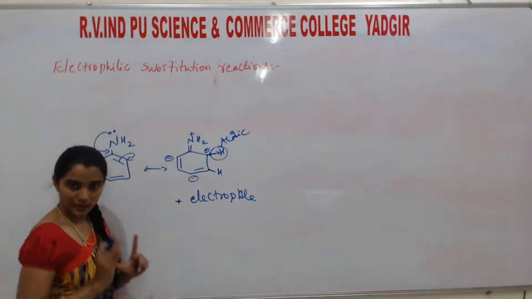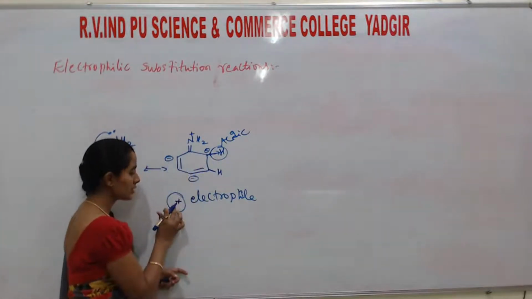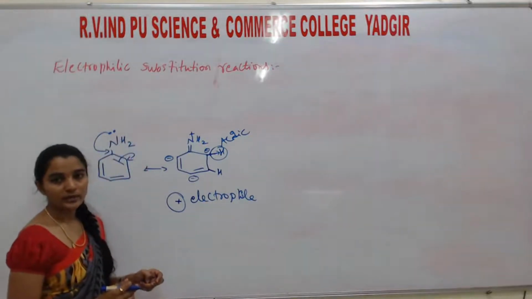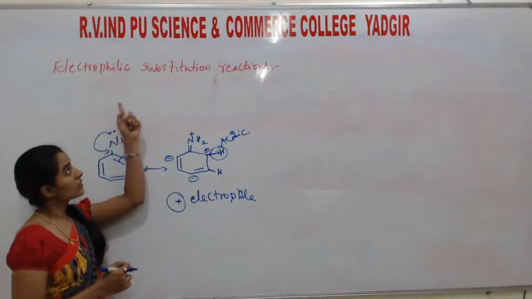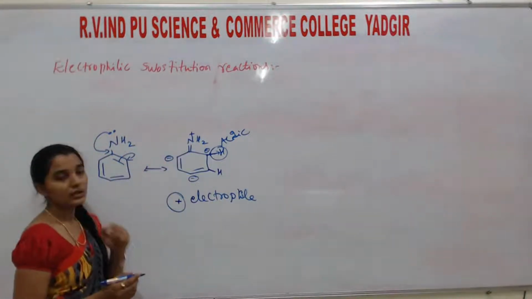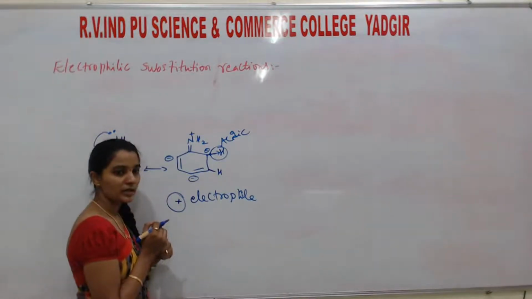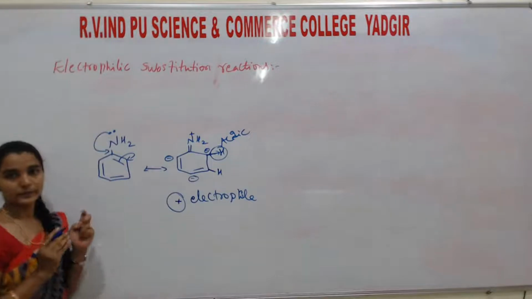So H plus is replaced by the electrophile, correct? So to balance this minus charge, we have positive species called electrophiles. So by replacing H plus by the respective electrophile, it is called electrophilic substitution reaction. So here this electrophilic substitution reaction takes place in ortho and para position only.